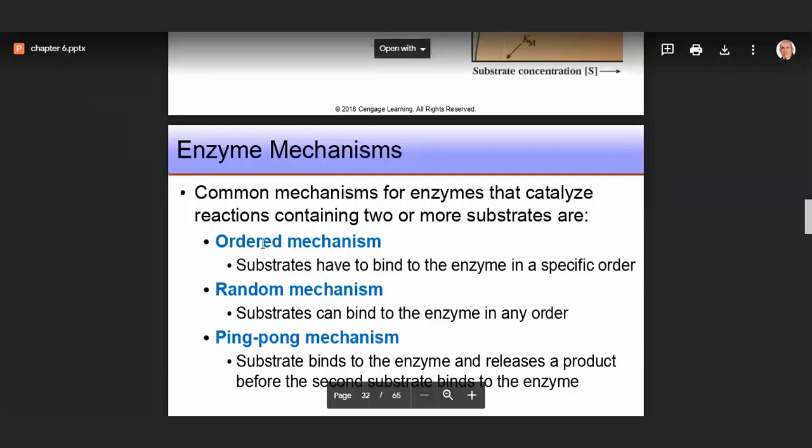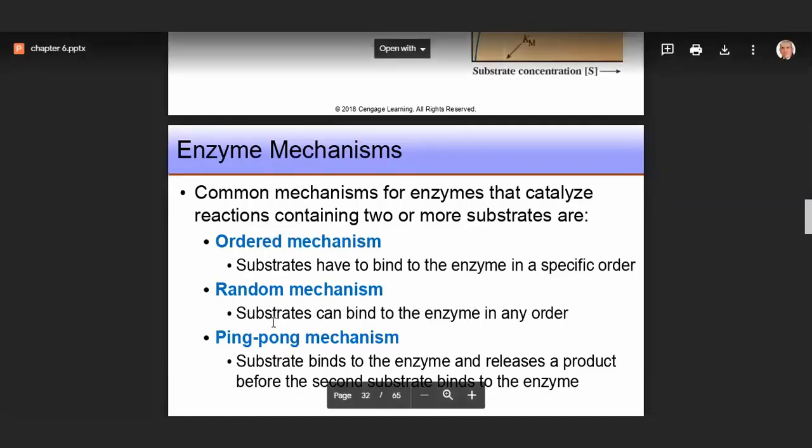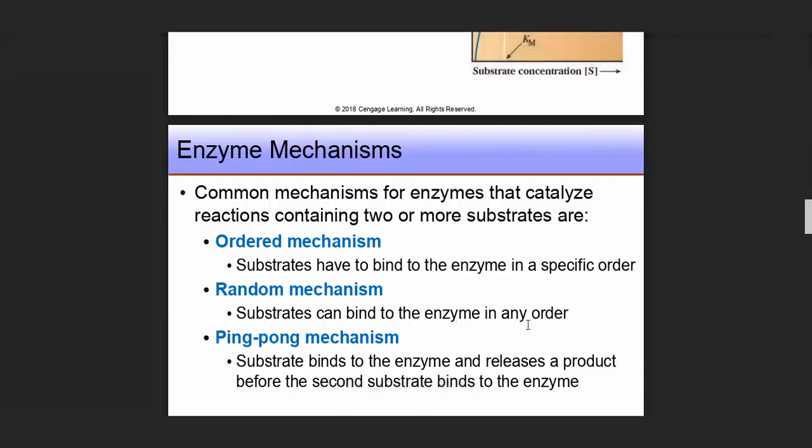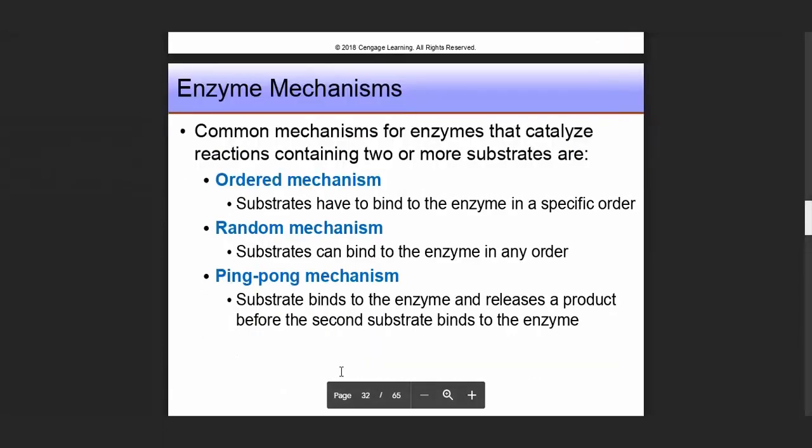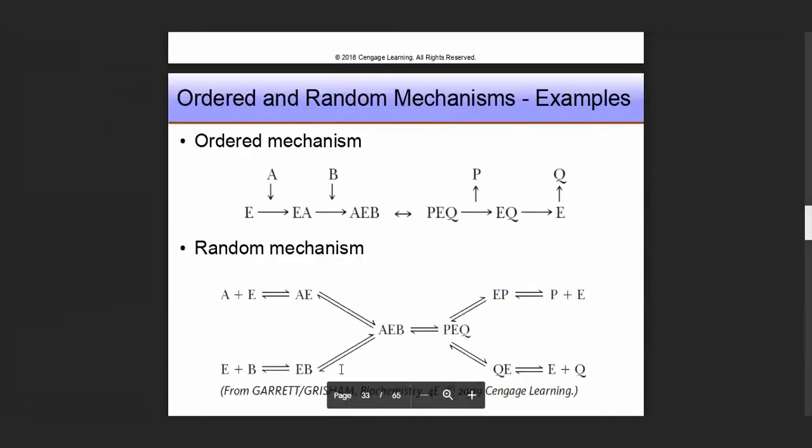One is called the ordered mechanism, where substrates have to bind to the enzyme in a specific order: first substrate first, and then the second substrate, and so on. Random: substrates can bind to the enzyme in any order. And the ping-pong mechanism: a substrate binds to the enzyme and releases a product before the second substrate binds to the enzyme. If we look at this, we will understand it more.